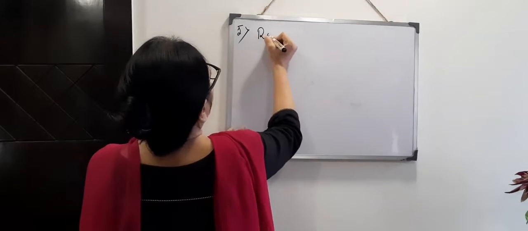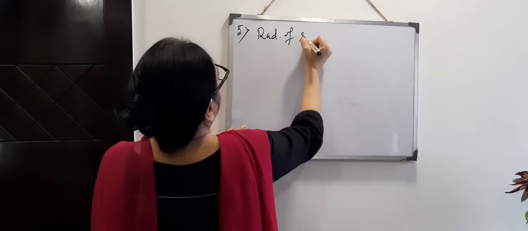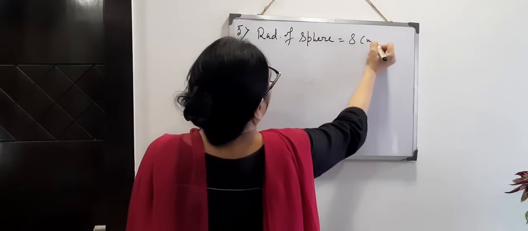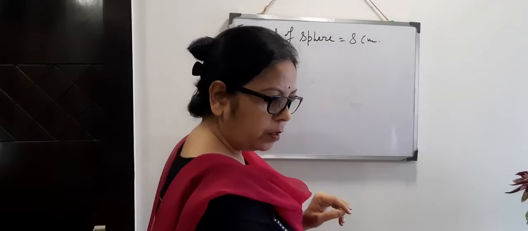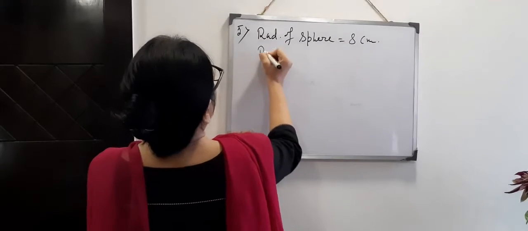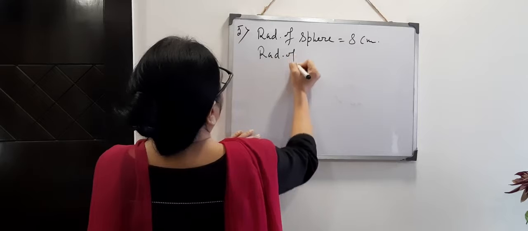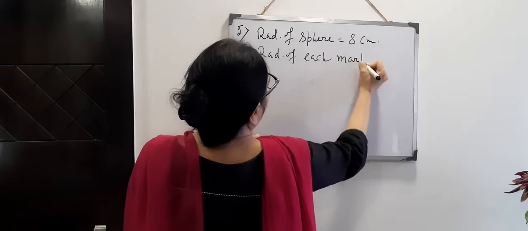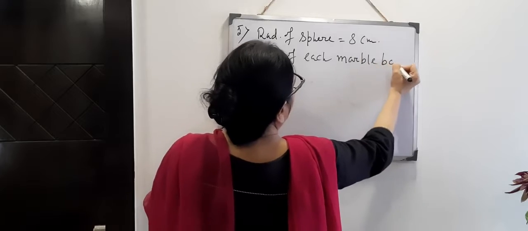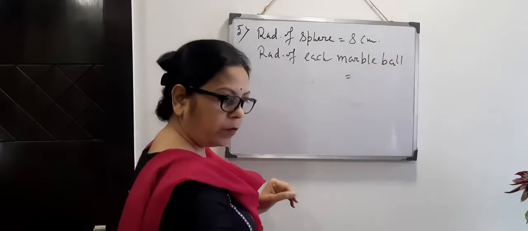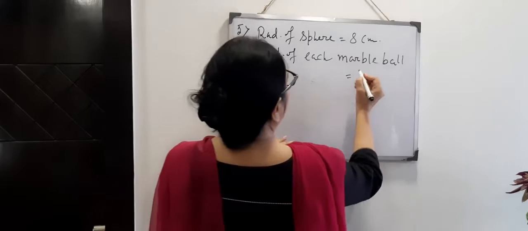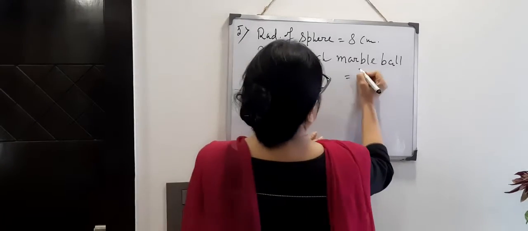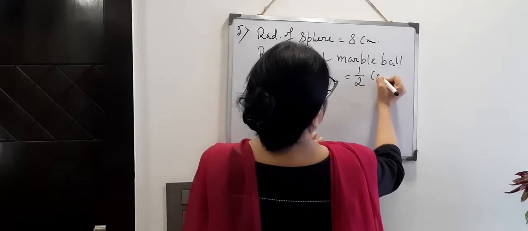Radius of sphere given 8 centimeter and radius of each marble ball, diameter given 1 centimeter. So radius will be half centimeter.